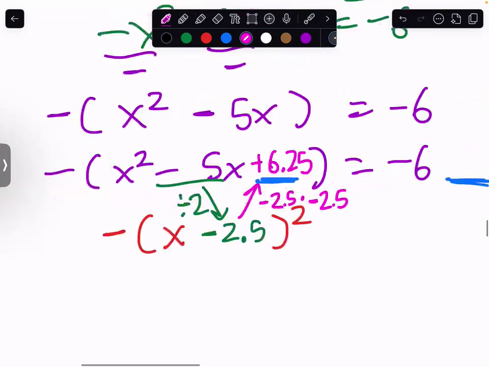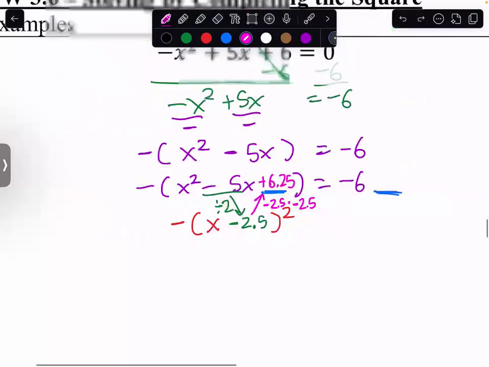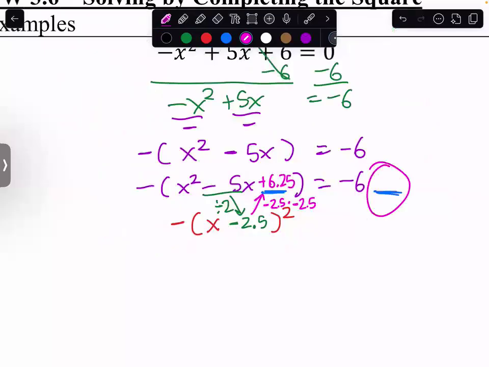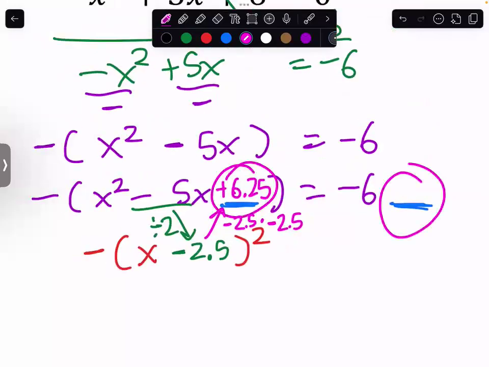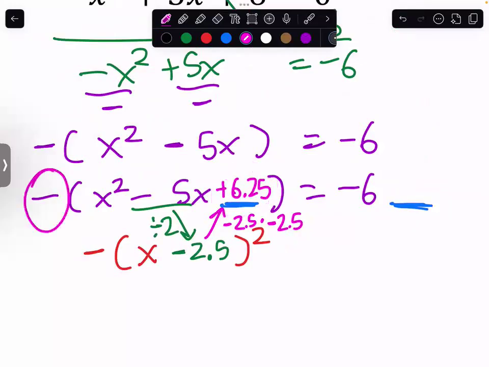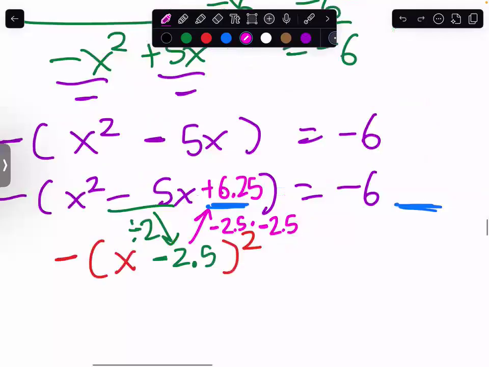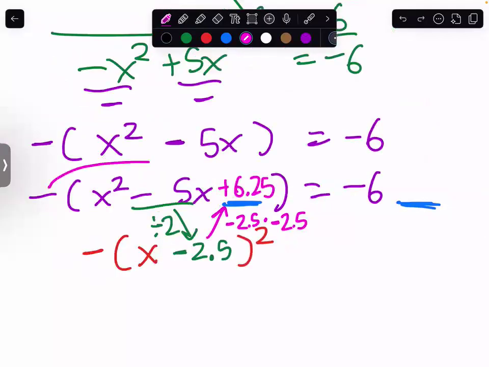Okay, but again, it's different from the row above, right? We added this number out of nowhere. So to balance it out, we need to add something to the other side. But remember, it's not always the exact same number, because you need to remember that the factored out A value multiplies the blank. So the negative on the outside multiplies the plus 6.25.